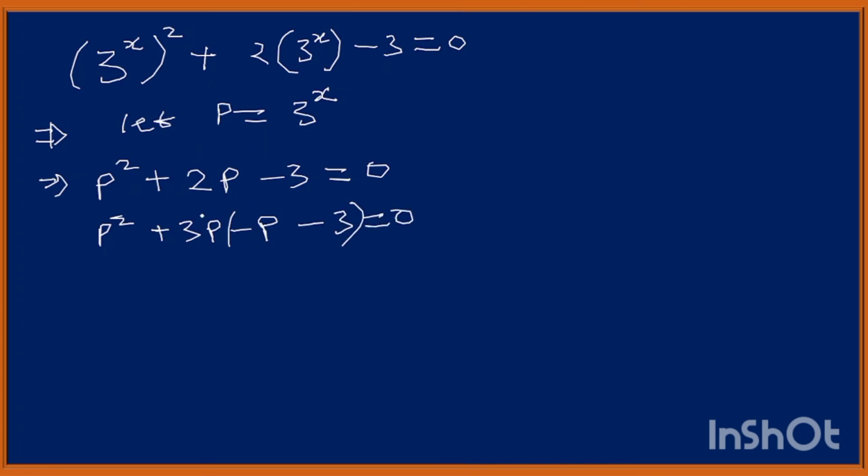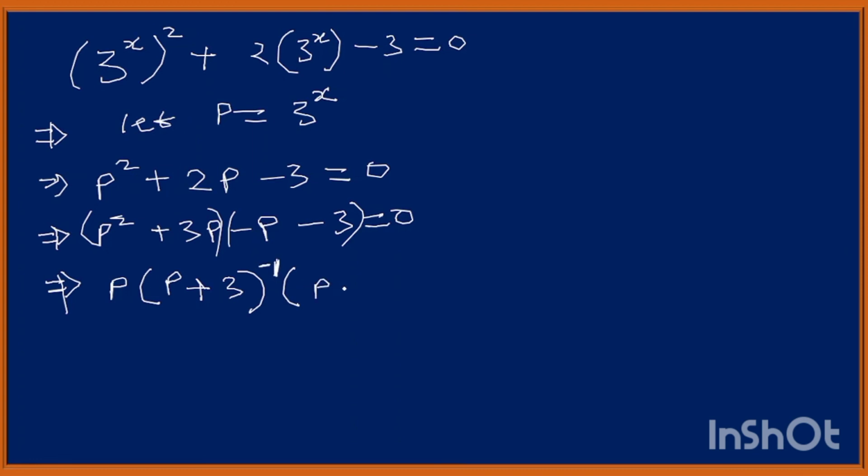Group this guy. So what is common between p squared and 3p? P is common. So we have p plus 3 here into this. What is common between these two? We have minus 1 is common there.